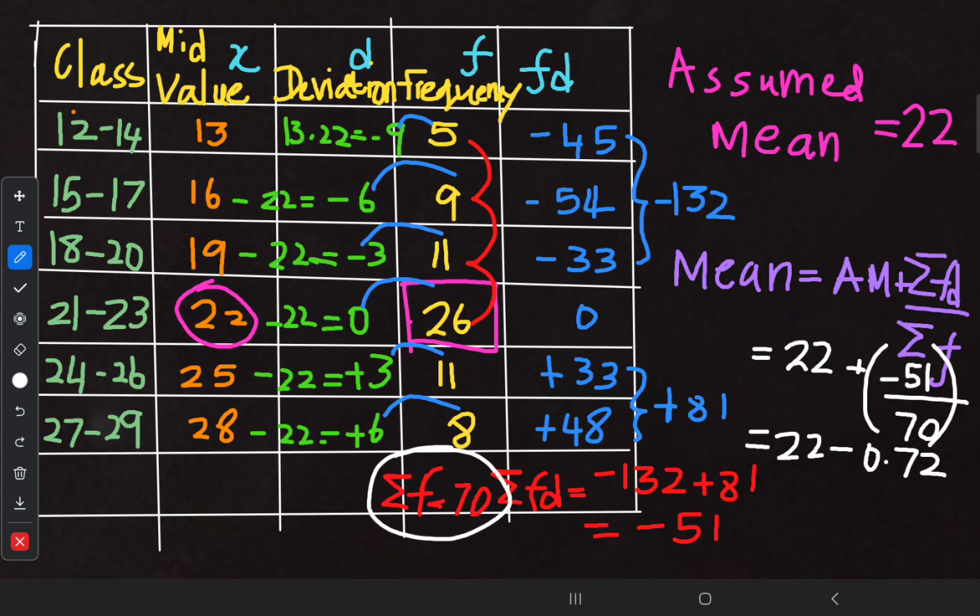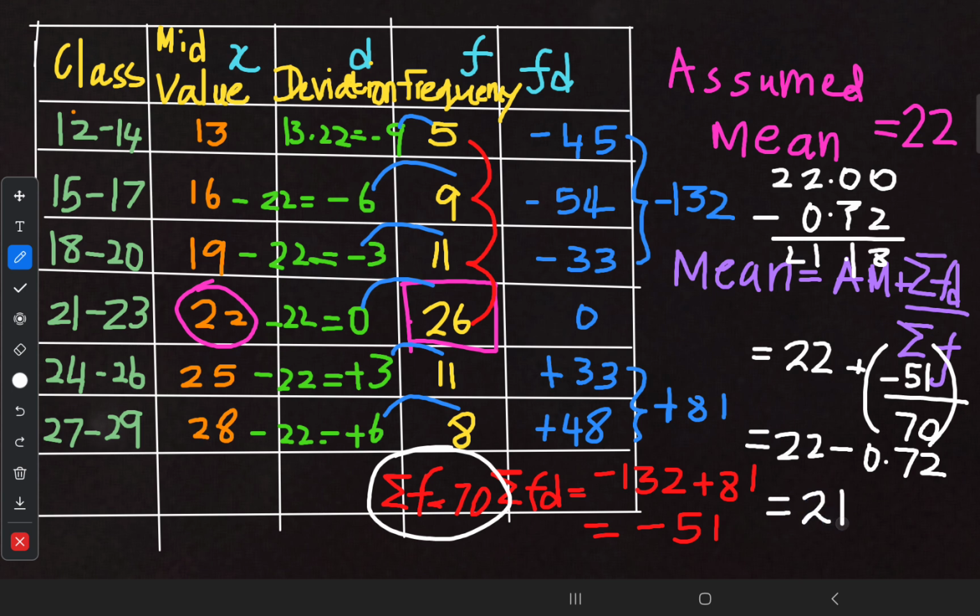I'll write how to subtract here. 22.00. 22 does not have any decimal places, so we have to indicate two decimals because we need to subtract 0.72. Then let's subtract.